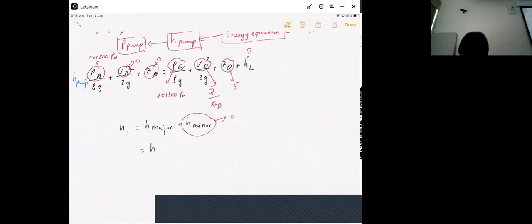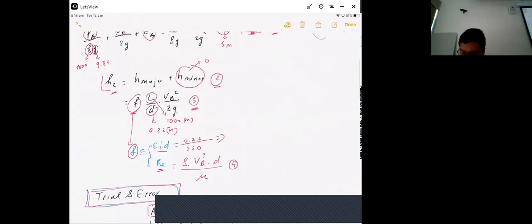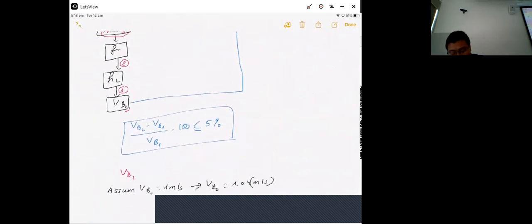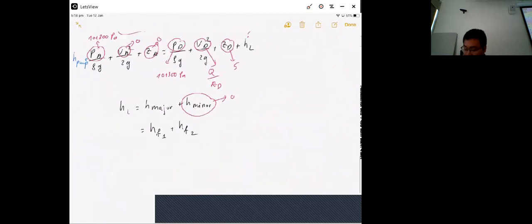So in this case, S major is the friction loss SF for the big pipe, which I call pipe 1, and SF for pipe 2. Pipe 1 is this one and pipe 2 is after the pump. So SF1 plus SF2.